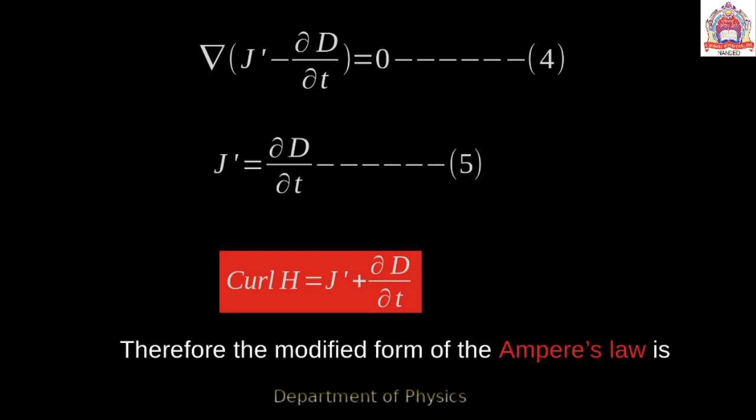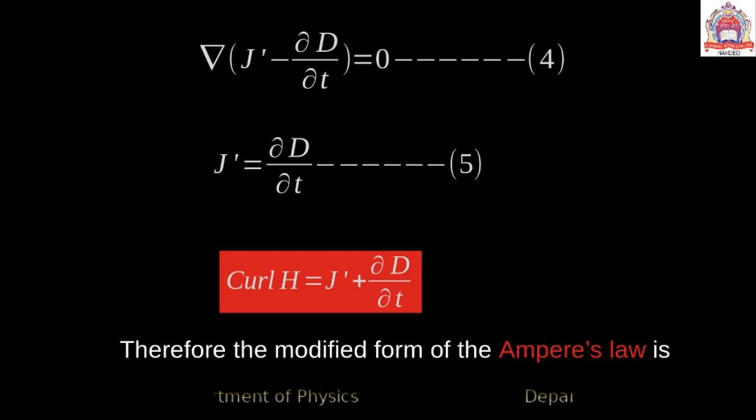This is the modified form of Ampere's law, and the modified Ampere's law has two terms. Since J dash arises due to the variation of electric displacement, it comes from electric displacement with time.